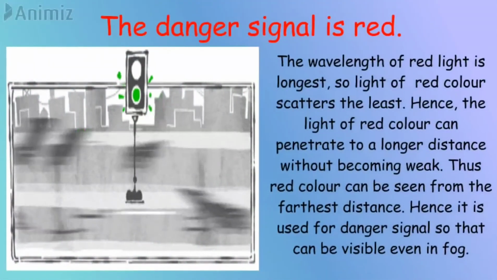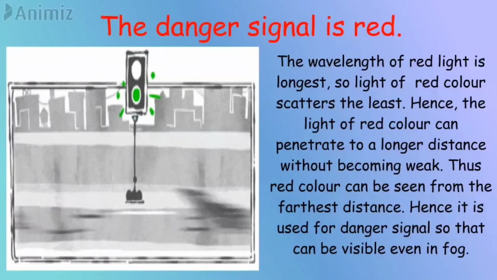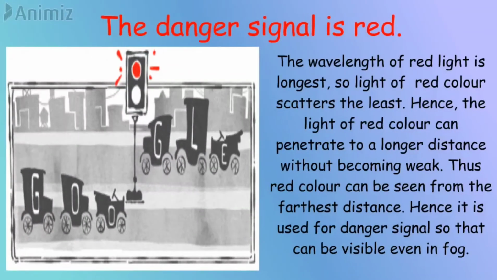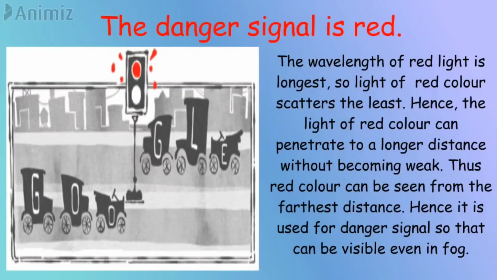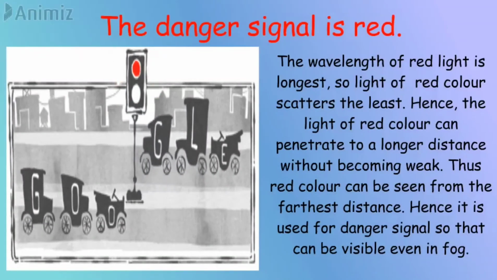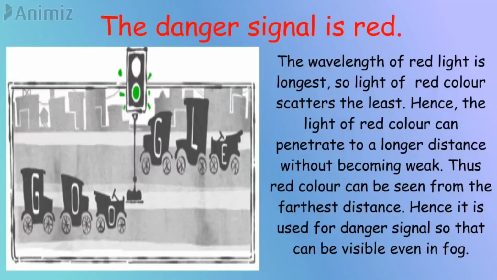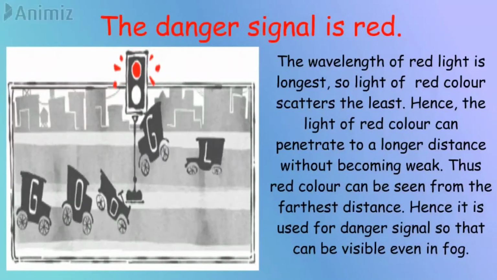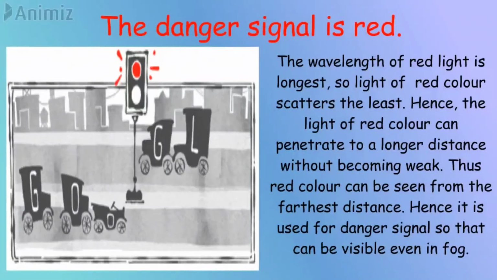Now students, why is red color used as a danger signal? The wavelength of red light is the longest, around 8000 angstrom units. So the light of red color is scattered the least. Hence the light of red color can penetrate to a longer distance without becoming weak. So it will remain in the atmosphere for more time. Thus red color can be seen from the farthest distance.